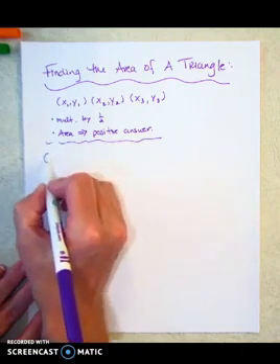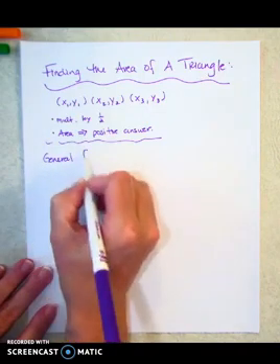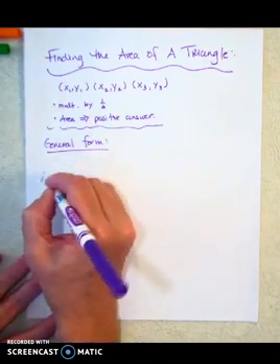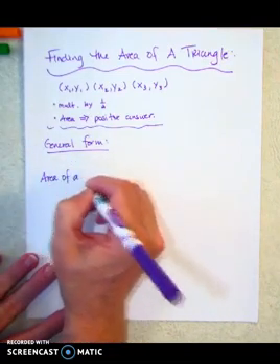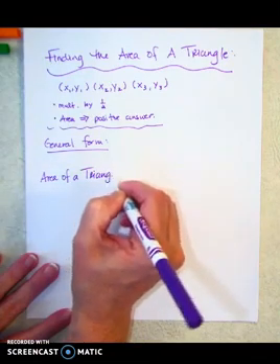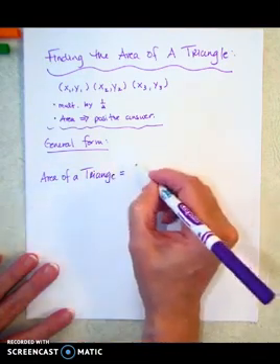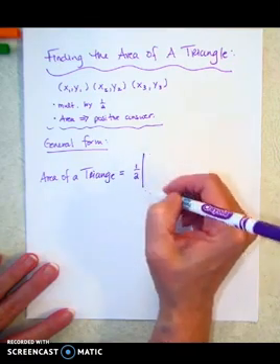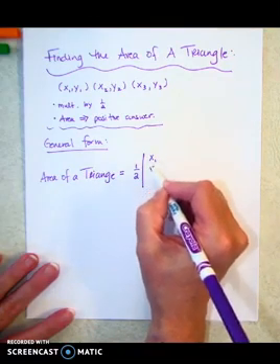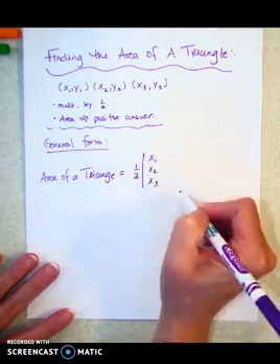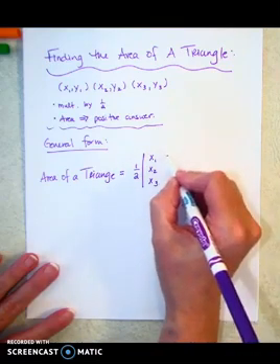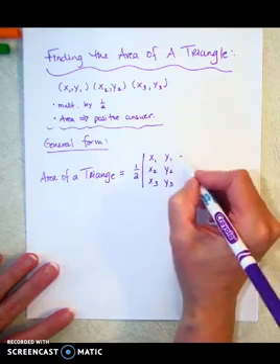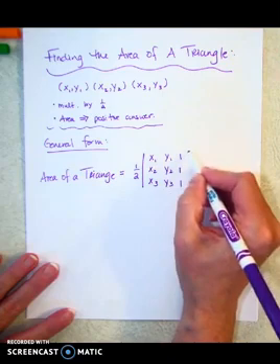So in general form, our formula to find the area of a triangle is 1/2 the determinant of a column of x's, x1, x2, x3, a column of y's, y1, y2, y3, and a column of 1's.